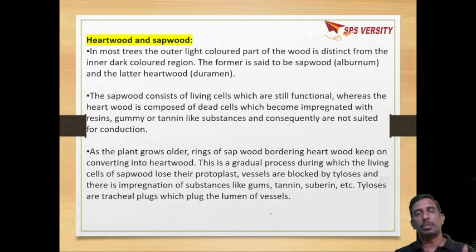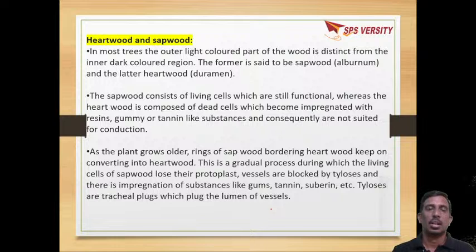As age increases, the amount of xylem will also increase. The xylem which gets accumulated towards the center of the stem, which is dark colored, is called heartwood. Or light colored wood is said to be sapwood or alburnum.